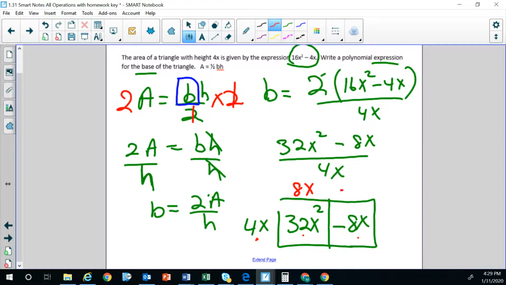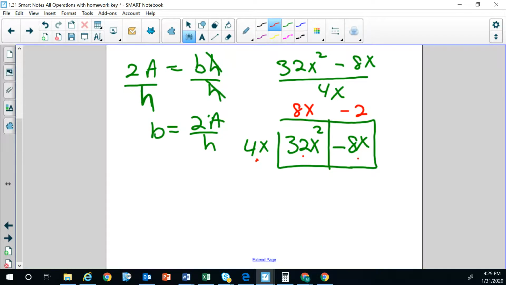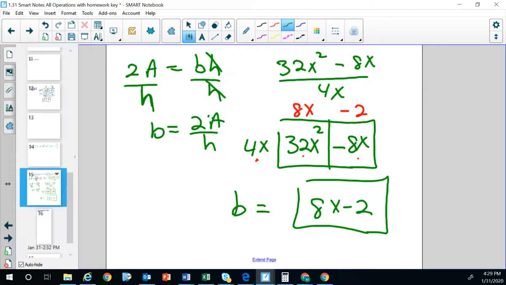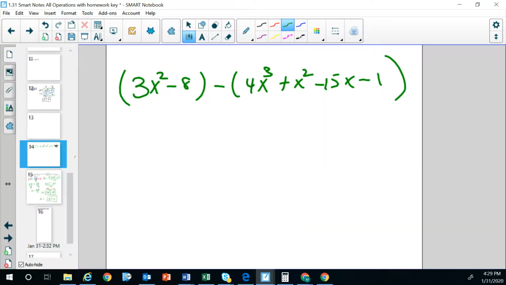And that is negative 2. So your answer is 8x minus 2. That is the base. B is equal to 8x minus 2. All right? I'm going to do one more problem for the review, and that is a subtraction.